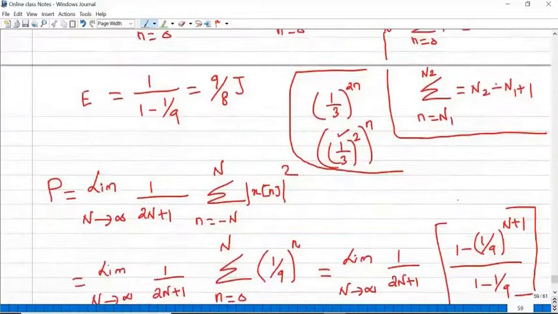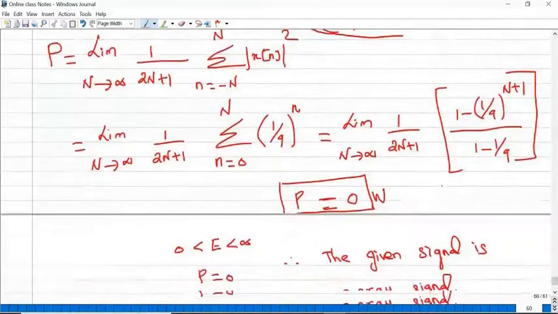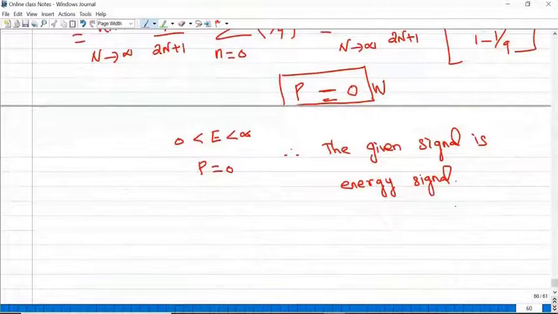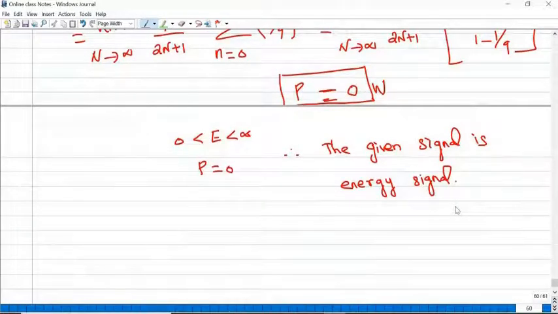Okay. Any doubt in this particular problem?